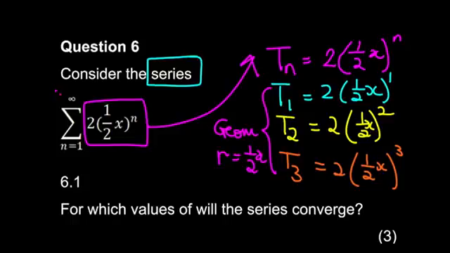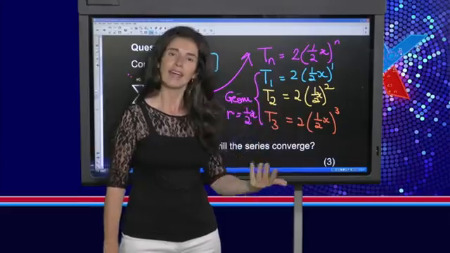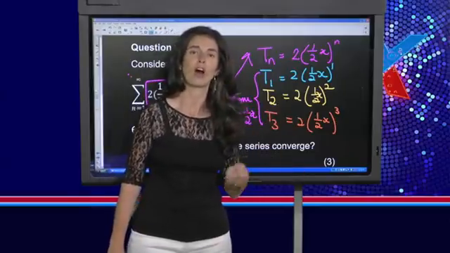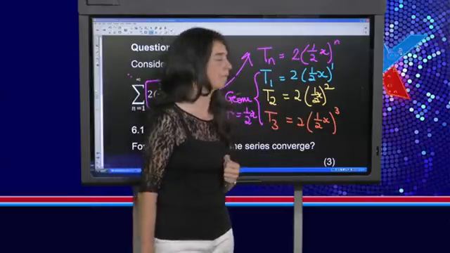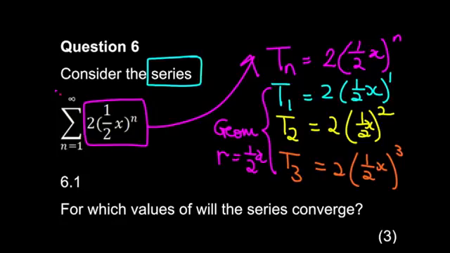So I'm saying that every single term is made by multiplying the previous term by a half x. Now that is really what this general term is. Then it says I'm going to start my series at n equals 1, which we've already done, and I must go to where? What does this mean? This means that I'm going to infinity.